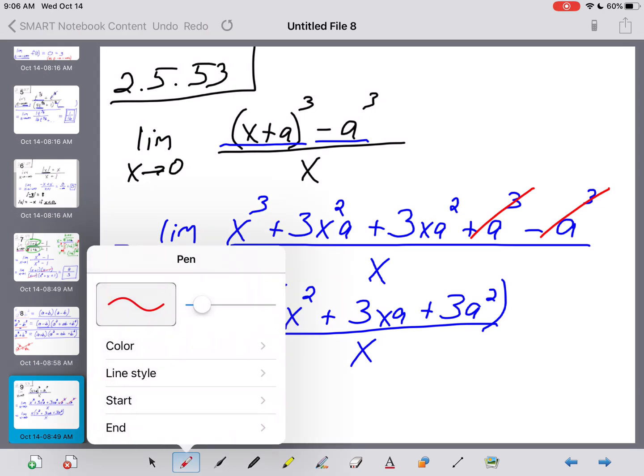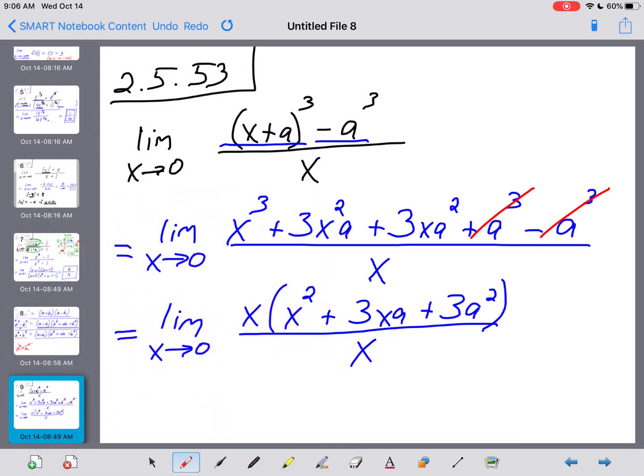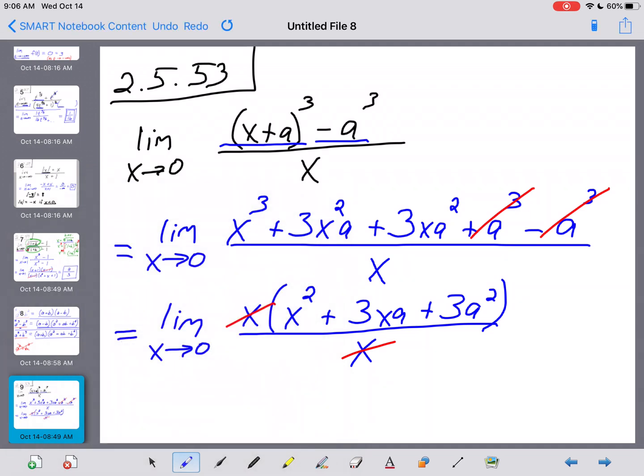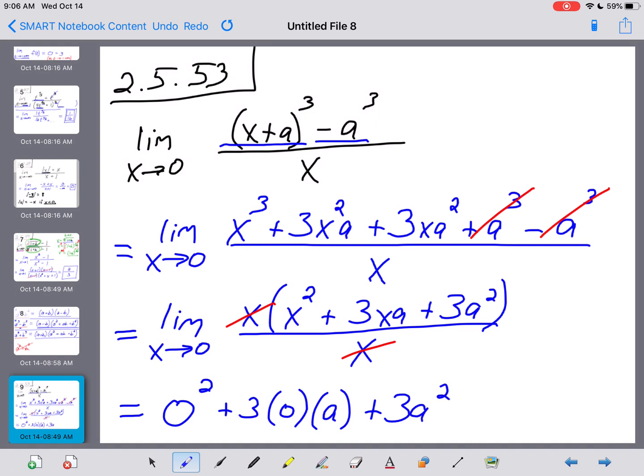And as is very often the case here in 2.5, the problematic factor of the denominator cancels out with an identical factor in the numerator. So now, with that denominator gone, plug and chug should work. As x approaches 0, this limit is going to be 0 squared plus 3 times 0 times a, plus 3a squared. Well, that's 0, and 3a squared is all we're going to end up with for our answer.